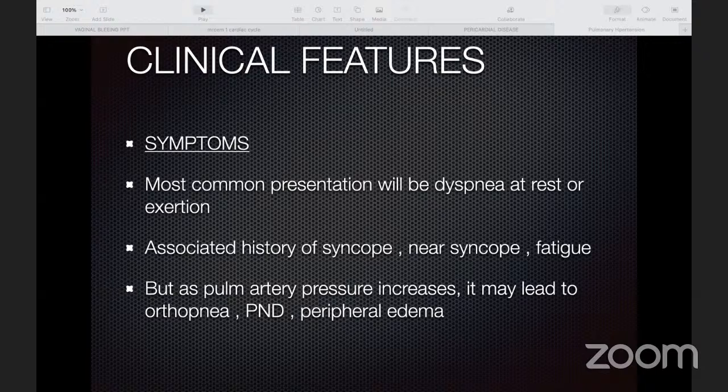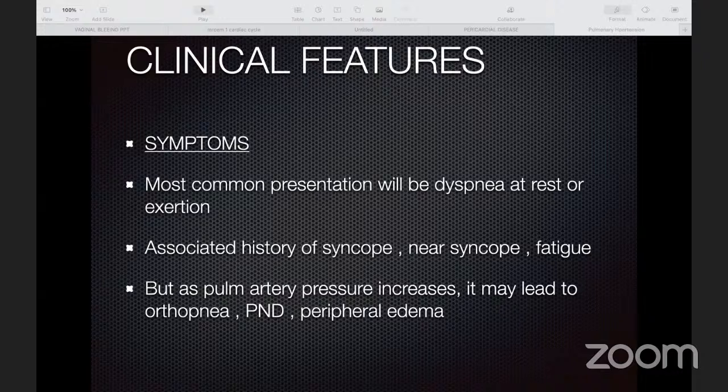But as pulmonary artery pressure increases, it can lead to typical heart failure features such as orthopnea, paroxysmal nocturnal dyspnea, and peripheral edema. If the patient presents at the beginning or the initial period of the disease progression, he will not have many symptoms or even signs. But when the arterial pressure increases, it can lead to orthopnea, PND, or peripheral edema.